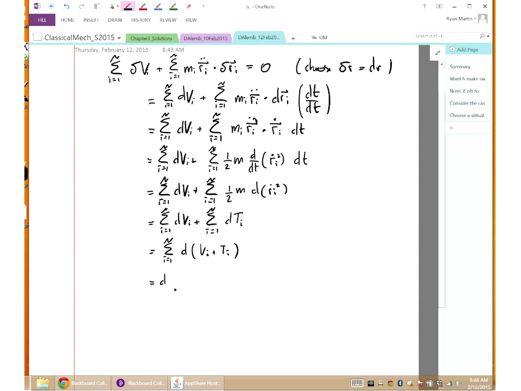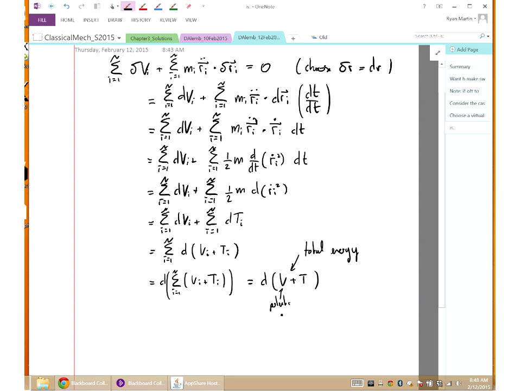And I can move the d outside of the sum, so it's d of the sum from i equals 1 to n of Vi plus Ti, and that's the differential of V plus T.